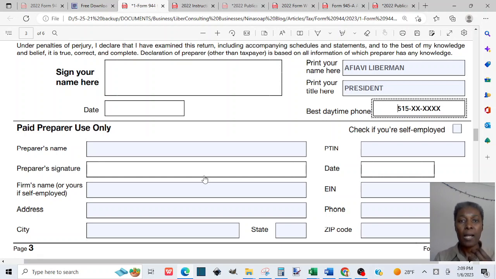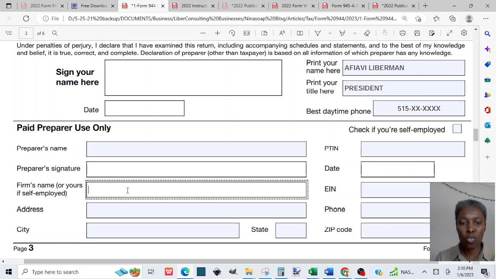So if I file Form 944 for business B and business B paid Liberman Consulting LLC for that Form 944, then I will complete the Paid Preparer Use Only section for that business B. I'll put my name on the preparer name section.